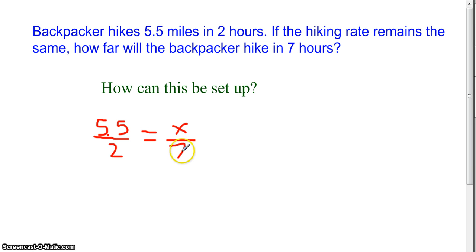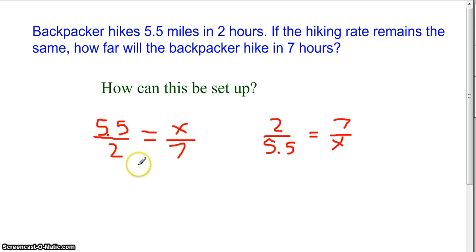Another way to write this would be to write it as in 2 hours, the hiker went 5.5 miles. So, in 7 hours, how far did the hiker go? It's basically the first proportion, but flipped upside down, the reciprocal of the first proportion. So this is called the reciprocal property of equality.